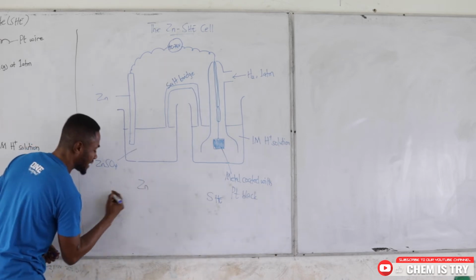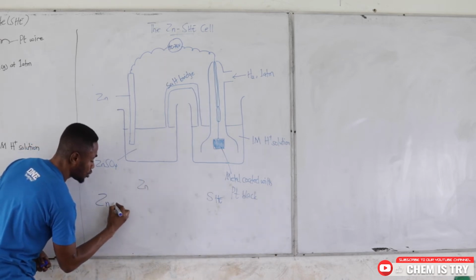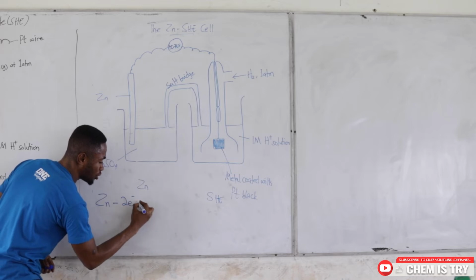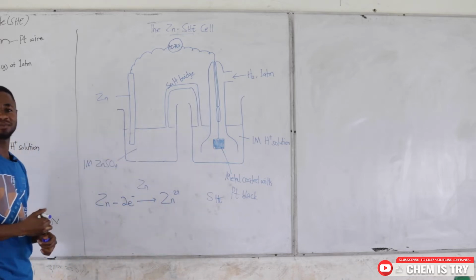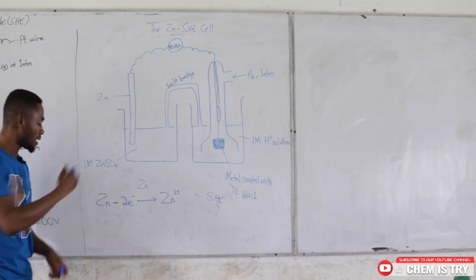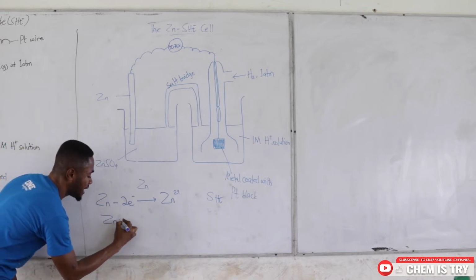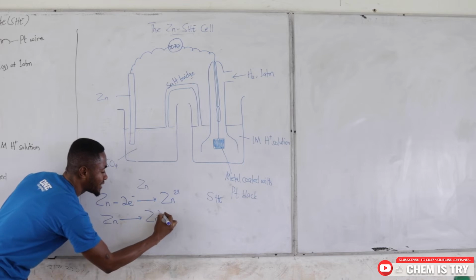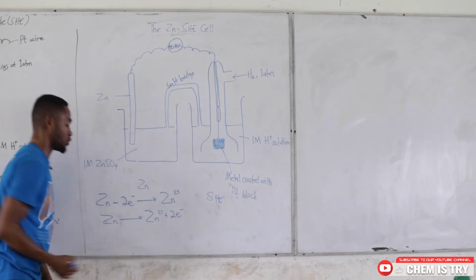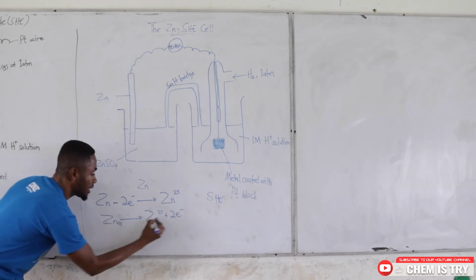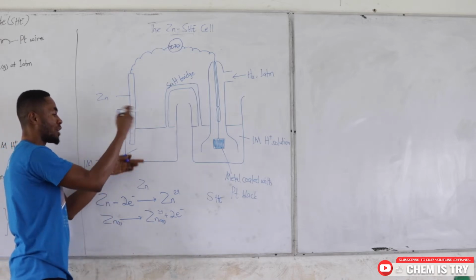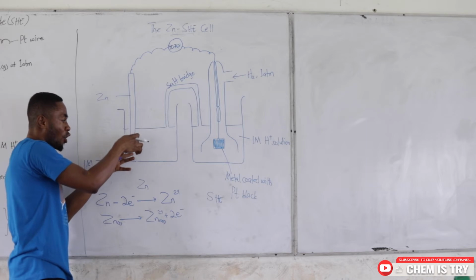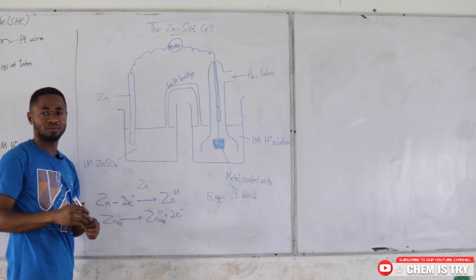So you have zinc losing 2 electrons to form zinc 2+. Let's write it well. Zinc going to produce zinc 2+ plus 2 electrons. Solid, and this is aqueous, because when electrons are lost, the zinc 2+ formed enters the solution.